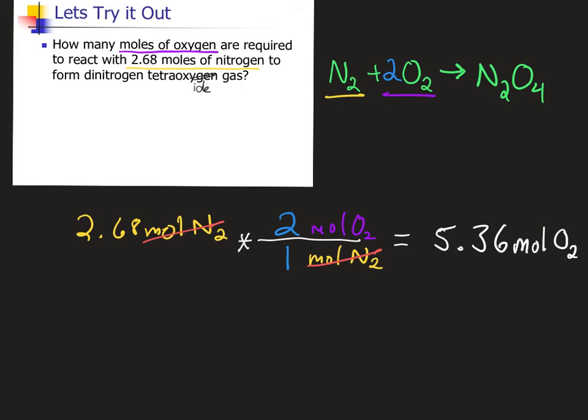If we wanted to find the grams of nitrogen, we could have converted using the molar mass of nitrogen. But when we convert from nitrogen to oxygen, or nitrogen to dinitrogen tetraoxide, then you need that chemical reaction. When you start changing to other things, you need that chemical reaction to happen.